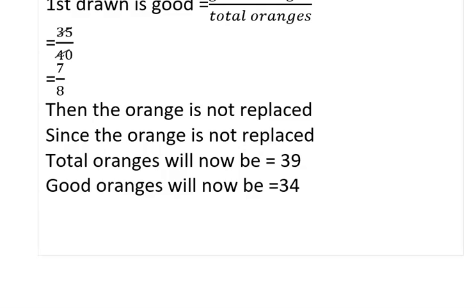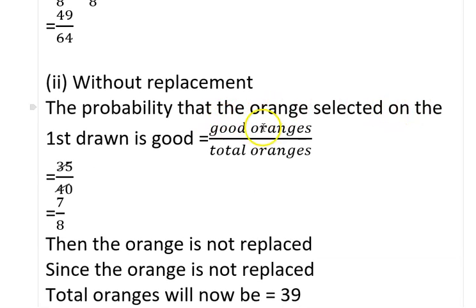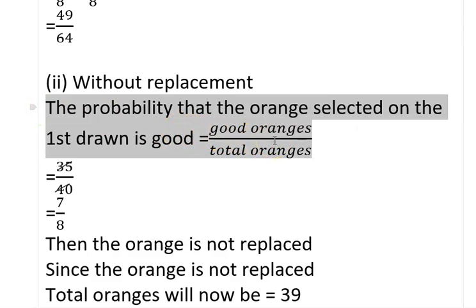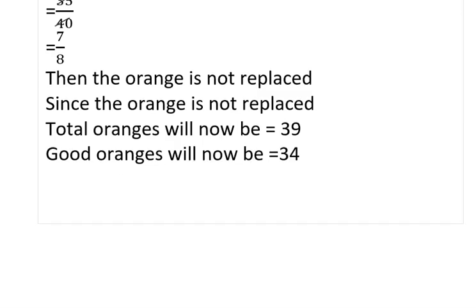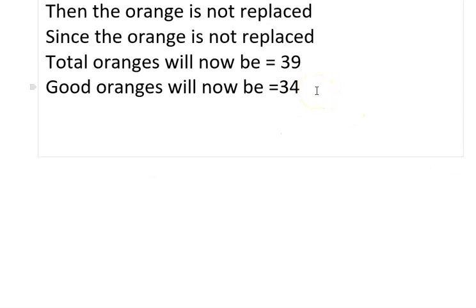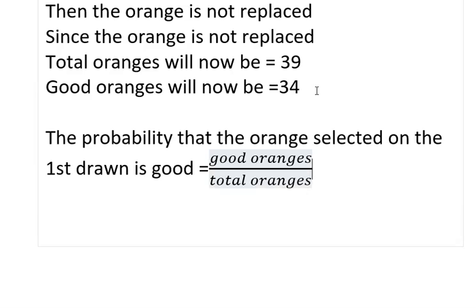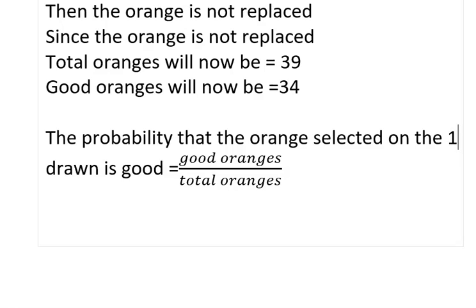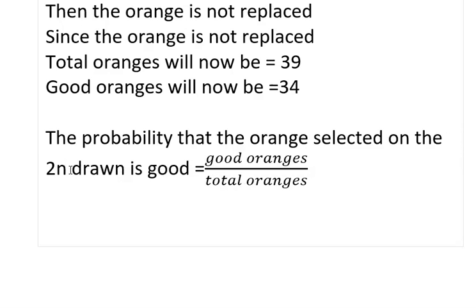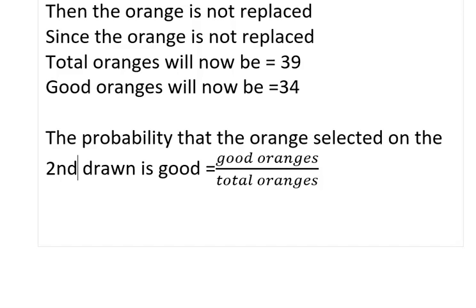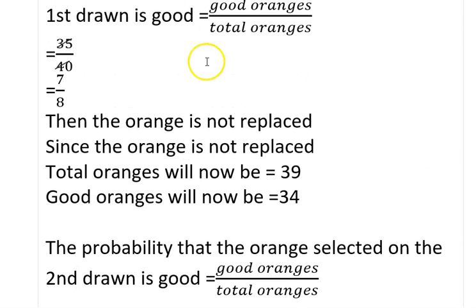Now, the probability that the orange selected on the second drawn now, because it is not replaced this time around, because it is not replaced now. So let's make use of this template.